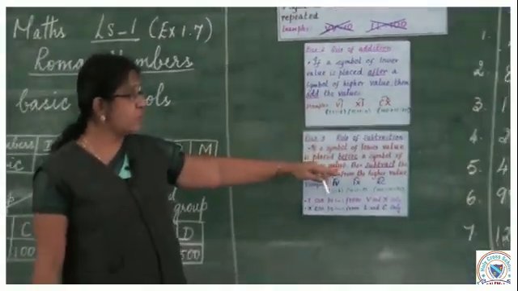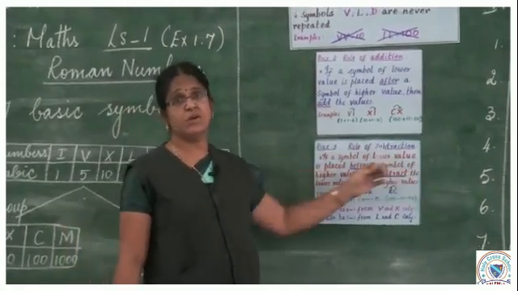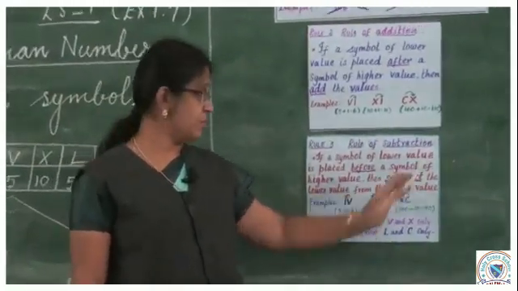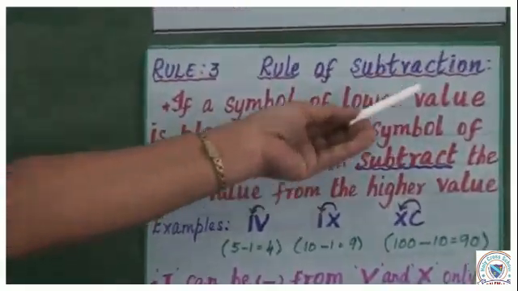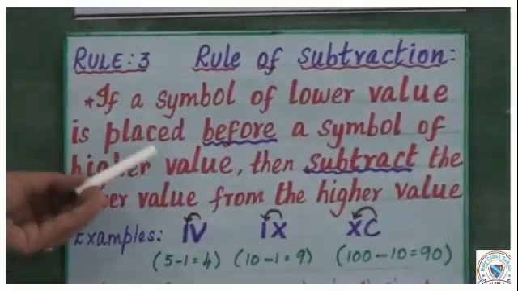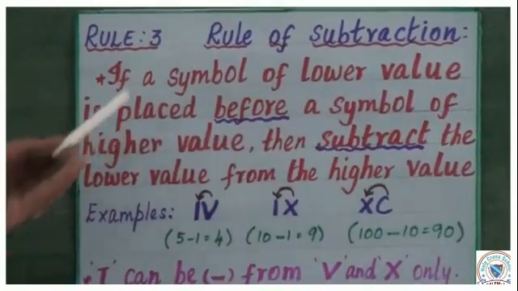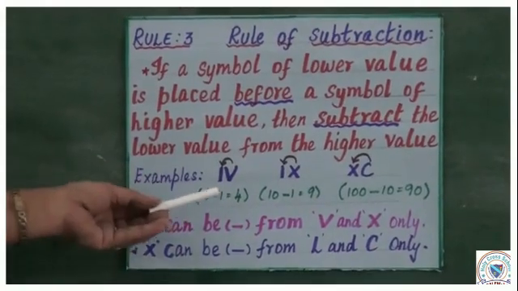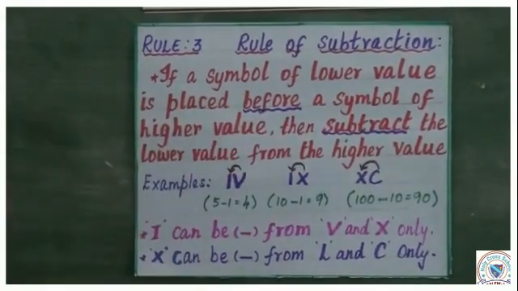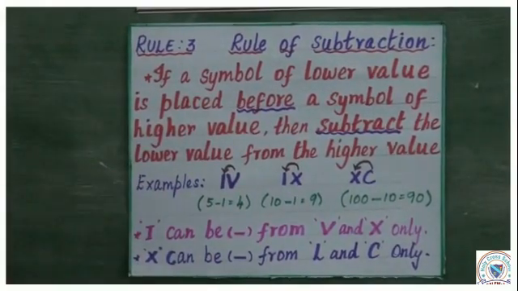Now, let us move on to the third rule. Rule of subtraction. If a symbol of lower value is placed before a symbol of higher value, then subtract the lower value from the higher value. See the examples.